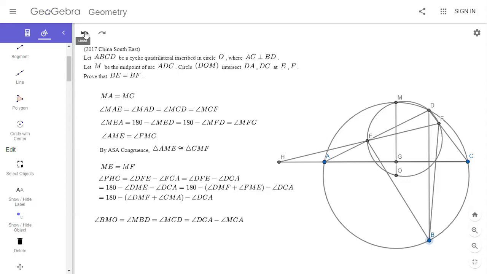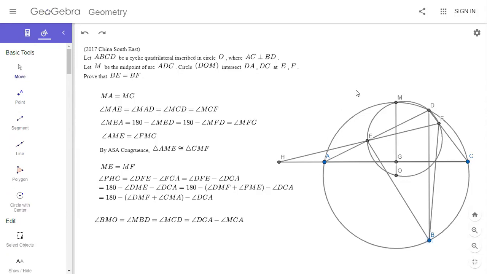Hmm. Okay, let's see. Look at triangle MAE and MDC, or maybe MCF. MAE and MCF.